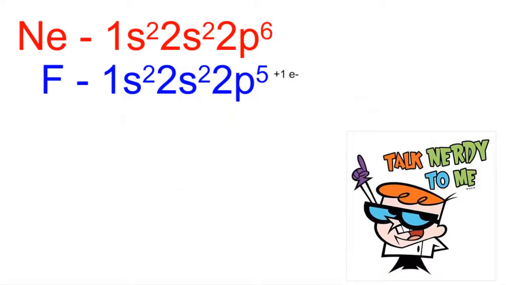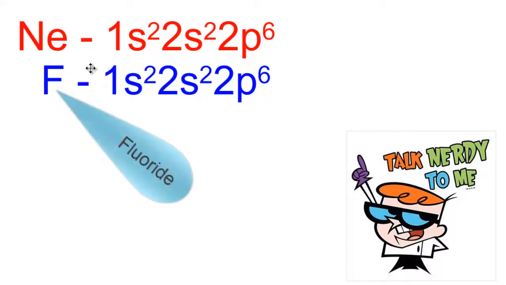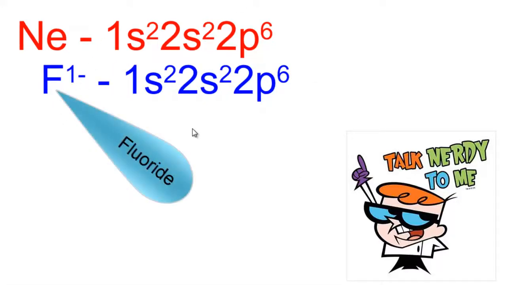And since electrons are negative, fluorine becomes a -1 anion, which changes its name to fluoride. Anions with only one element in them all get the suffix "ide", I-D-E.